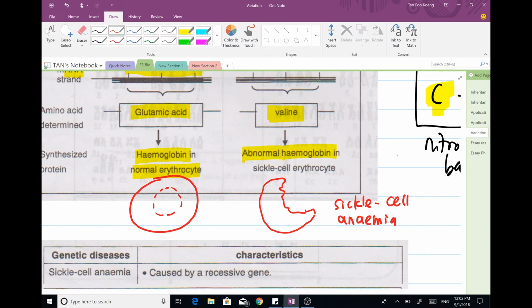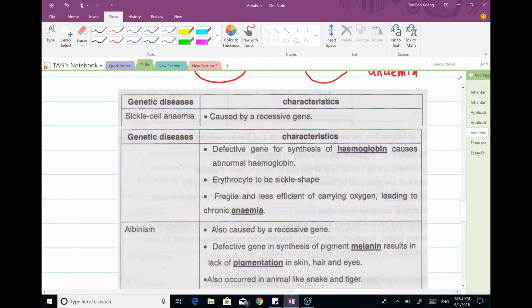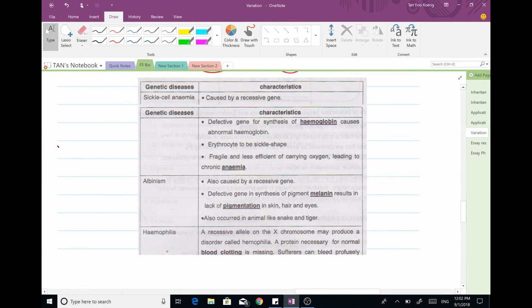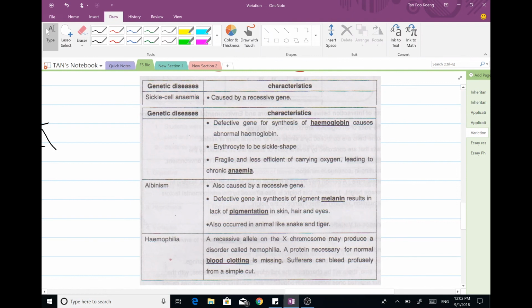Alright. Now let's look at examples of diseases in gene mutation. As I told you just now, as long as you don't see syndrome, they could be caused by gene mutation, like sickle cell anemia and albinism. In albinism, this organism couldn't synthesize the protein known as melanin, and as a result, there's no color to the skin and the hair.